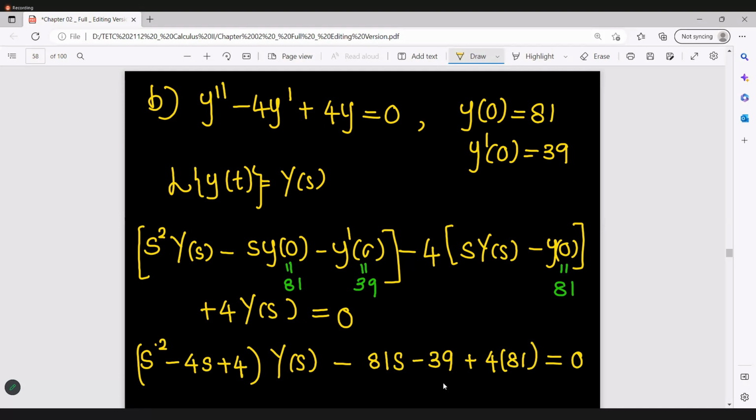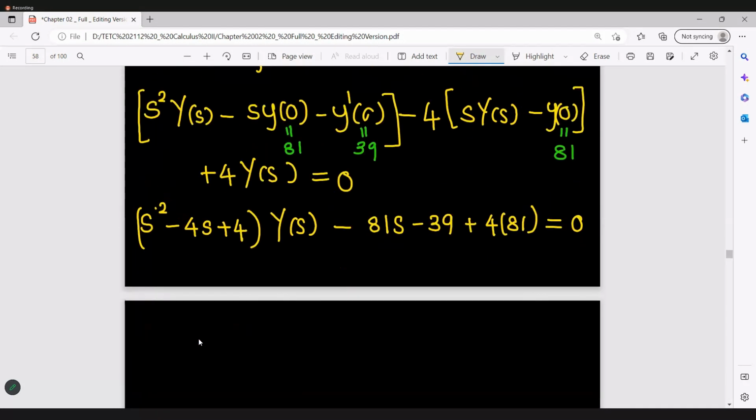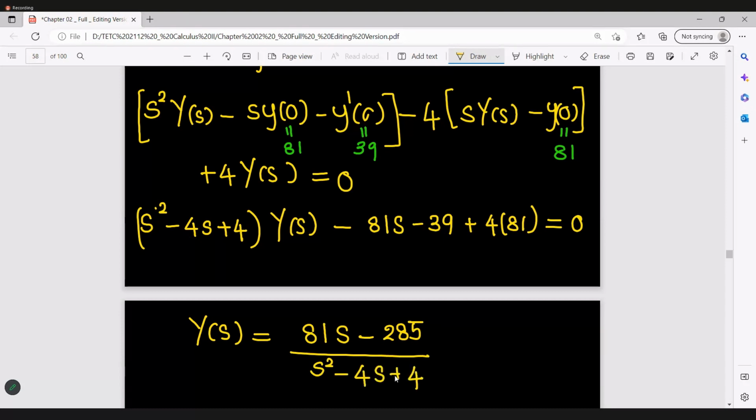So you will obtain an expression for capital Y of s is equal to 81s minus 285 over s squared minus 4s plus 4. The function in the denominator, we can see that this is a perfect square. So we can write this as 81s minus 285 over s minus 2 to the power 2.